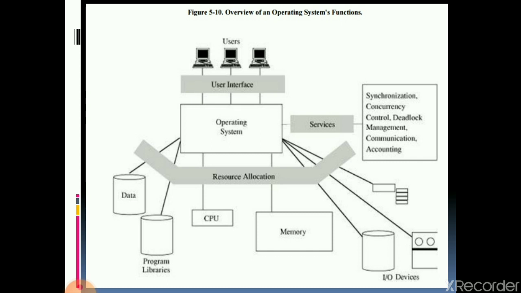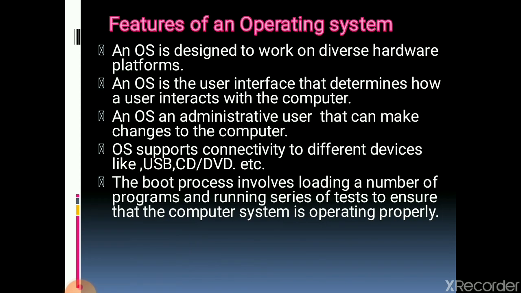Next, features of an operating system. Different features are there, and we are going to discuss some of the important ones. The first one is that the operating system is generally designed to work on diverse hardware platforms.